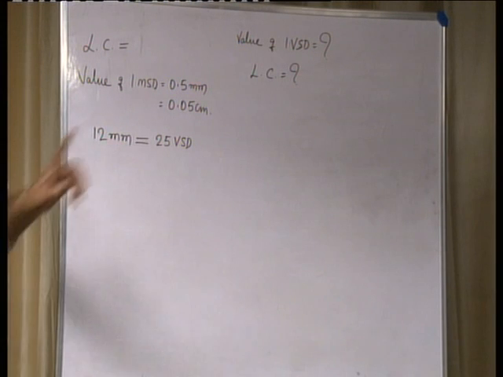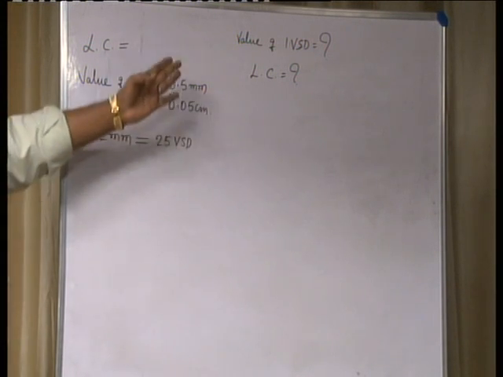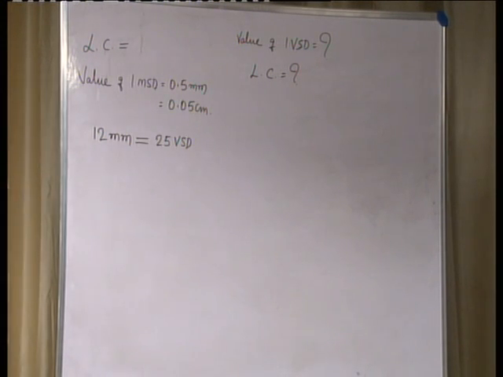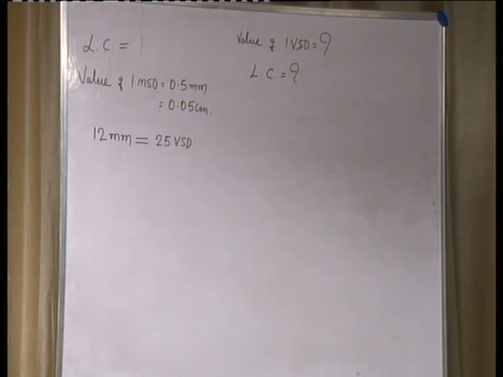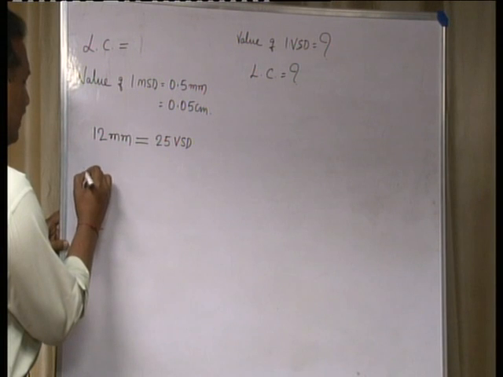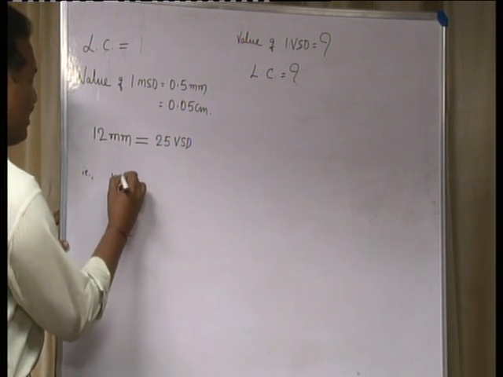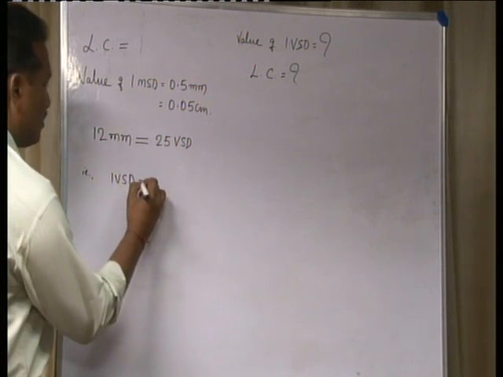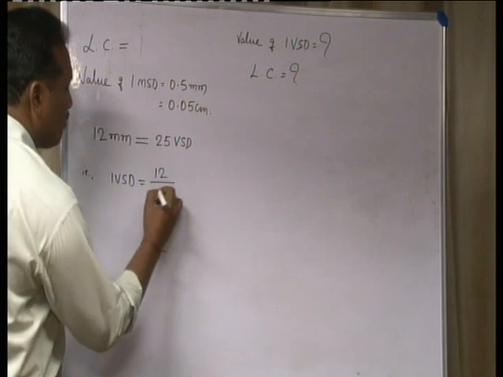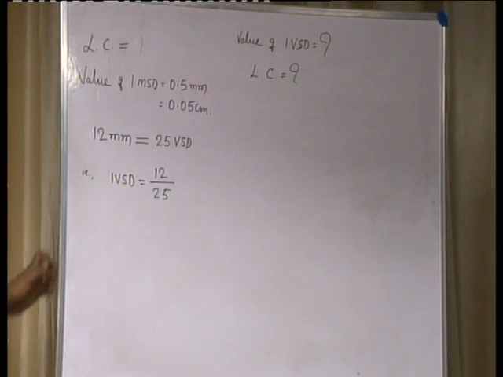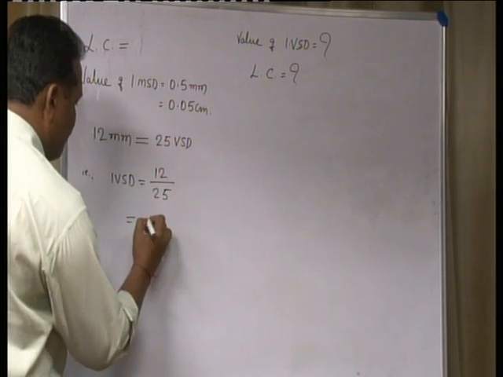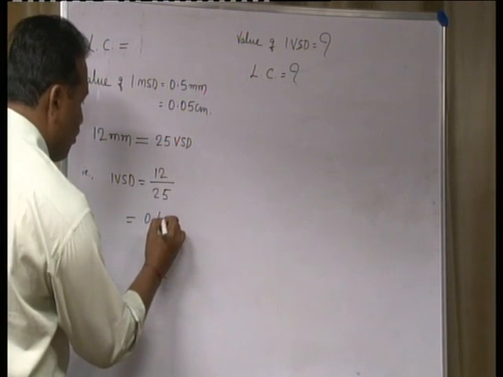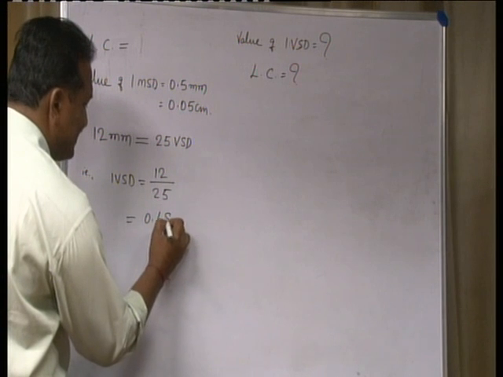From the given data, you can find the value of 1 VSD very easily, because 12 mm is equal to 25 VSD. By cross multiplying, 1 VSD is equal to 12 by 25. Divide 12 by 25, you get 0.4. 25 eights are 200.